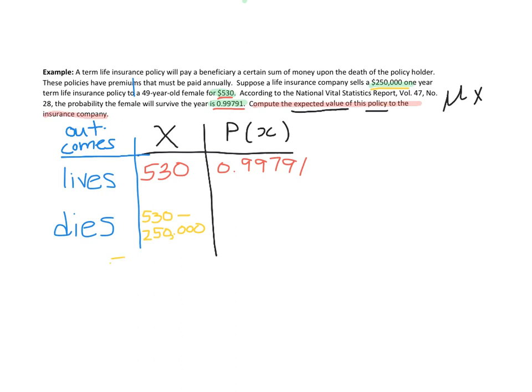And it actually ends up being, let me write it out, negative, because that's important, they're losing money, negative 249,470. And the probability of that happening would be the opposite of the survival rate, the complement.